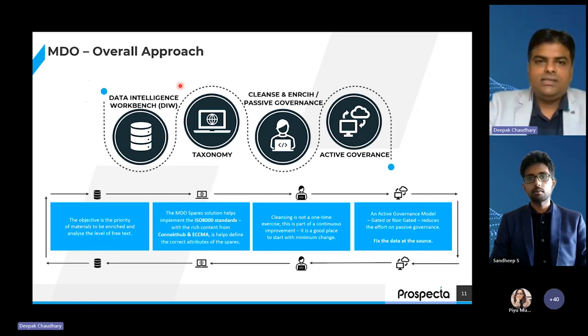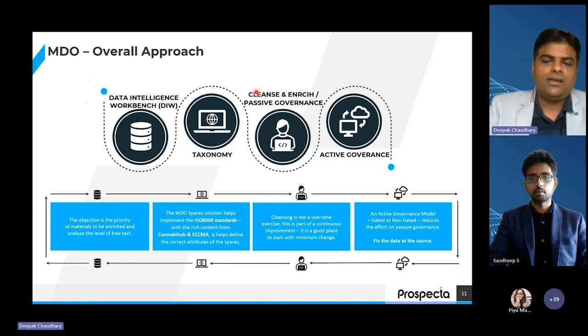This is the high-level approach that we follow. Now it may happen that certain organizations already have clean data and just want to subscribe to the governance piece, and you can do that as well. But holistically, we offer all of these solutions, and you can pick and choose based on your requirement.